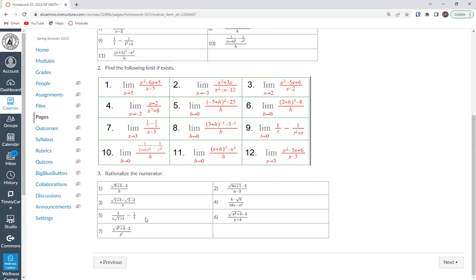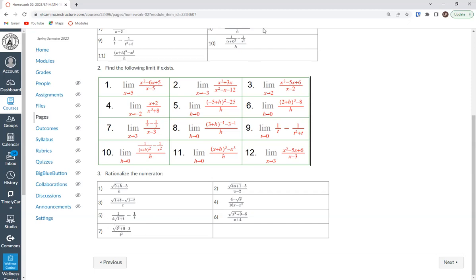This one doesn't have an apparent square root. We are asked to rationalize the numerator. Actually, there are no radicals in the numerator.